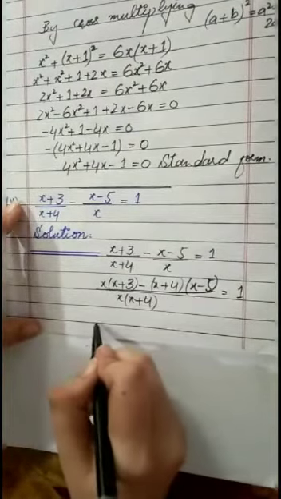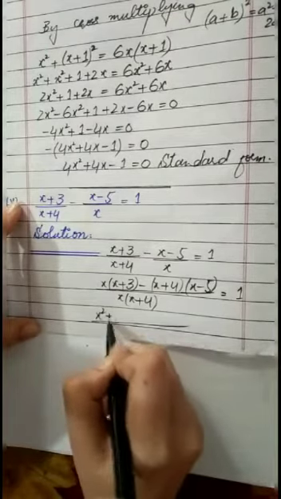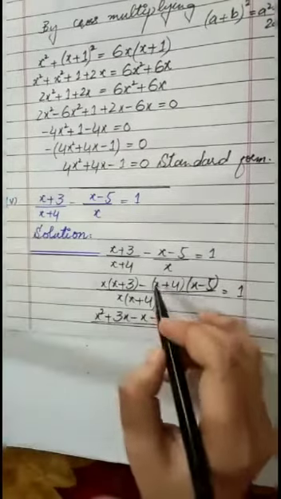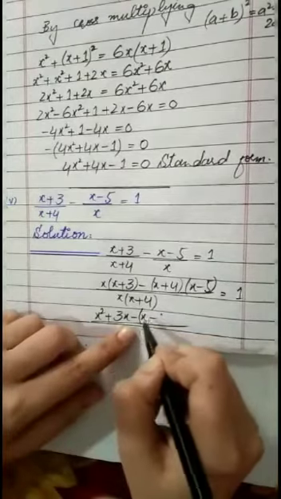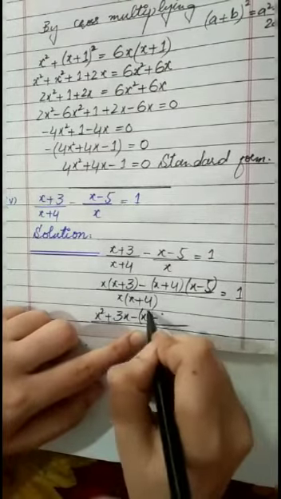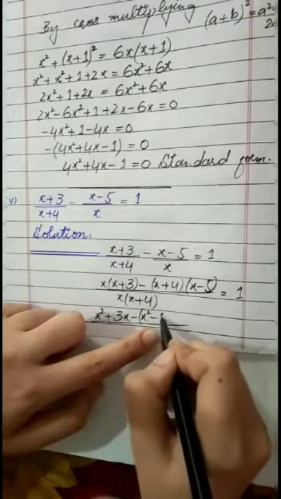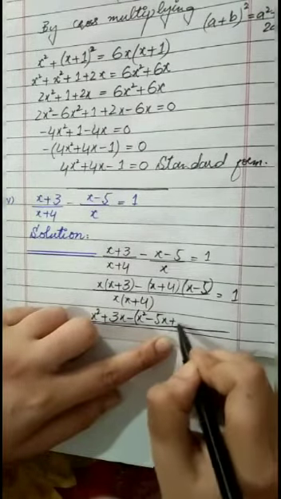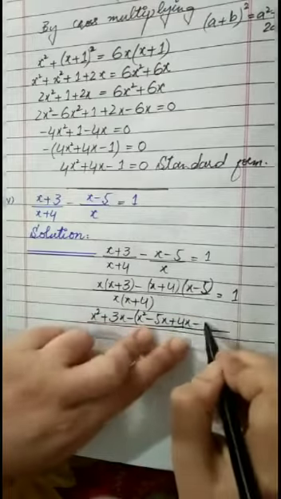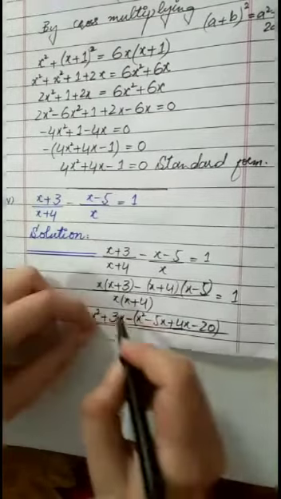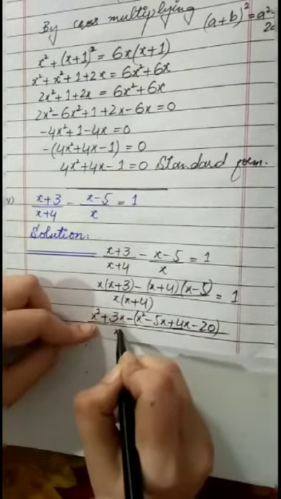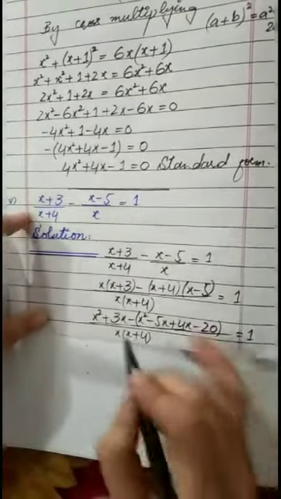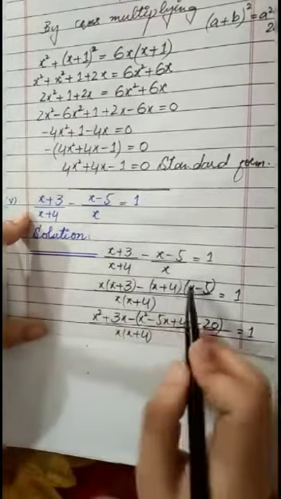We have to multiply these both terms, x square plus 3x minus x minus, sorry, we will multiply these both first, not whole. x will be multiplied with x gives x square, then minus 5x, then 4x, plus 4x minus plus minus minus 20 over, it's as it is, no need to open the bracket, equal to 1. We haven't opened the bracket here, we have multiplied these both.